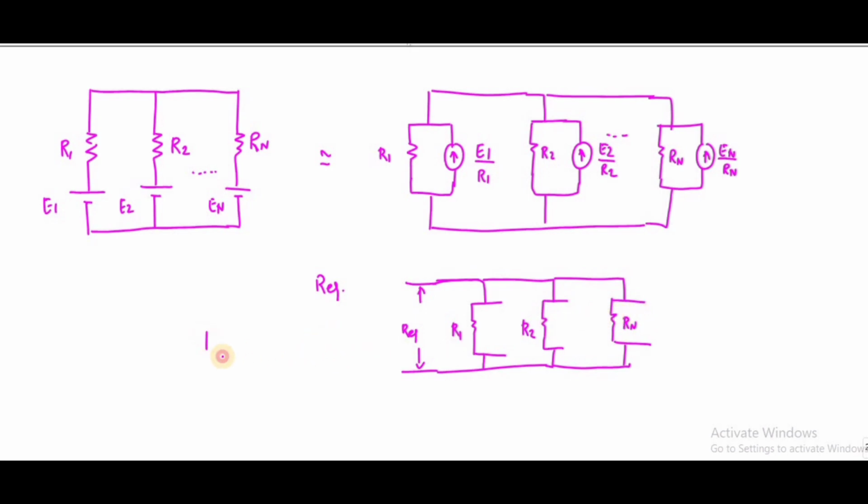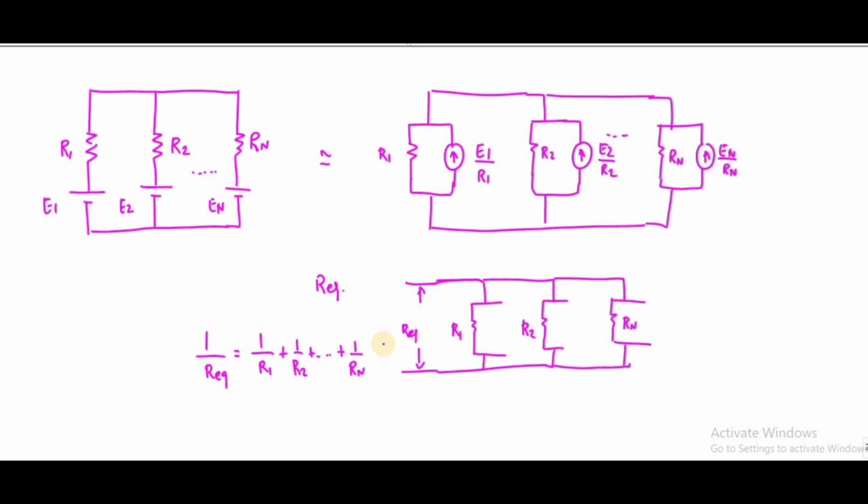Therefore, 1 divided by R equivalent is equal to 1 divided by R1 plus 1 divided by R2, till 1 divided by Rn. This is the R equivalent value.